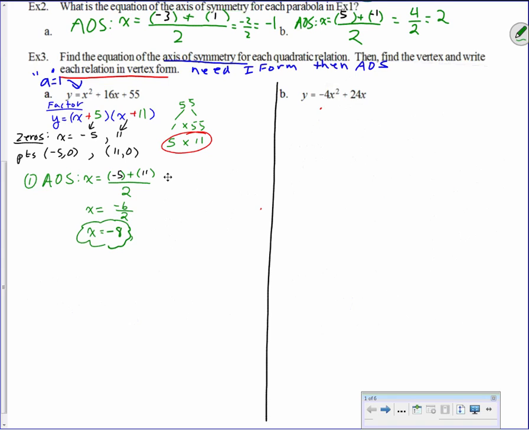And now, once I have my axis of symmetry, okay, the next thing that we have to do, if we wanted to find the minimum, we just plug negative 8 into this equation here, our original factored form.